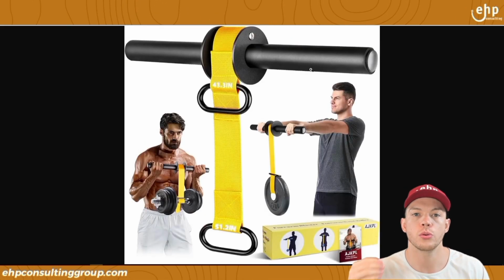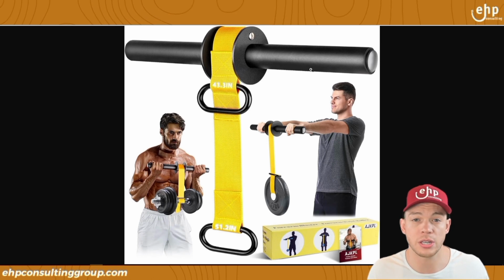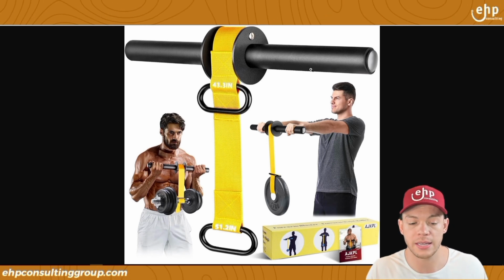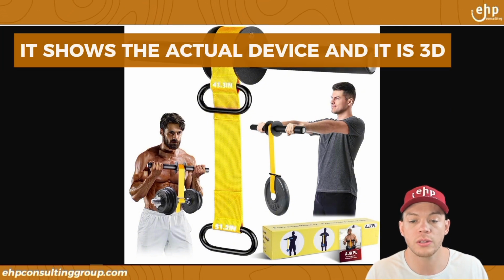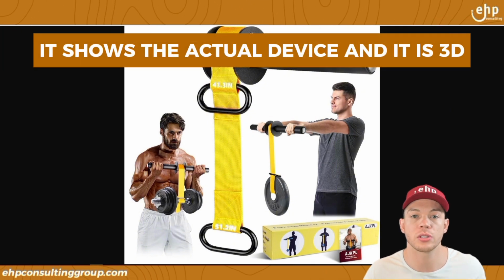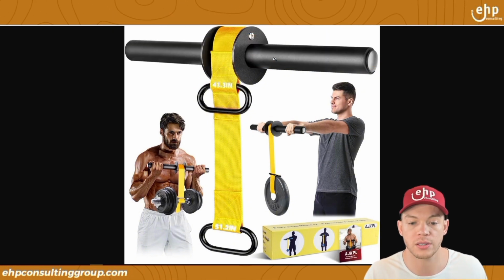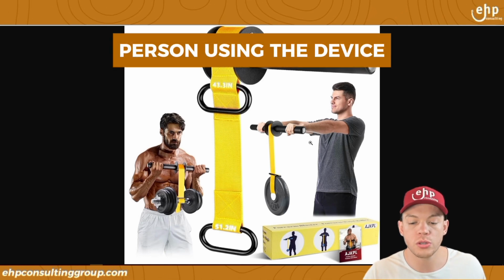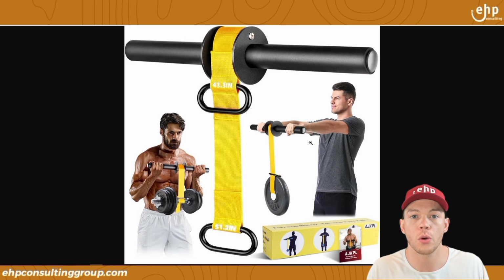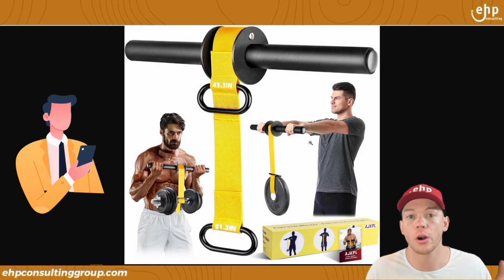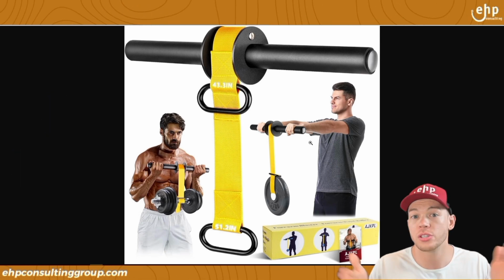And I want you to understand what a good first image is, and that's why I am prioritizing this one. It shows the actual device, and it's a 3D image, so it almost looks too perfect. Then they show humans using the device, but not only are they just showing humans, they're showing men. So what's your target market? Is it men or is it women?